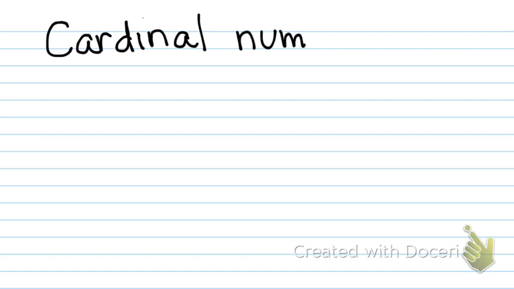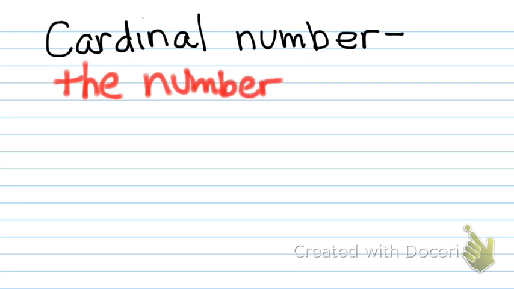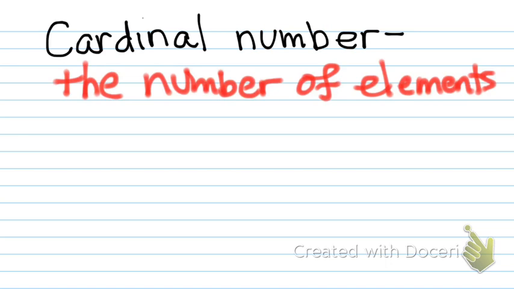In the next objective, we have to count the number of elements. This is called the cardinal number. A cardinal number is defined as the number of elements in the set.